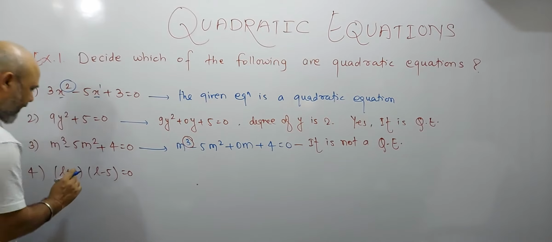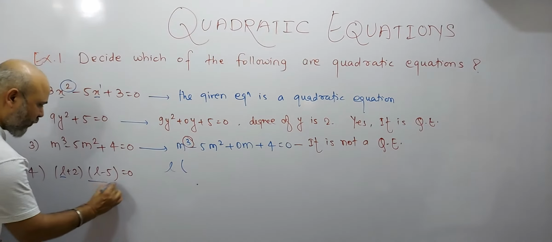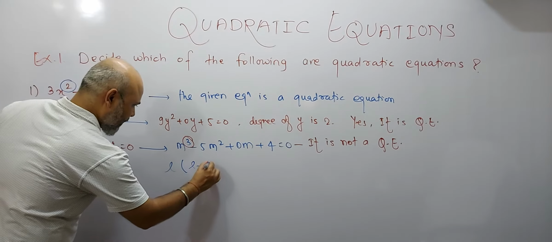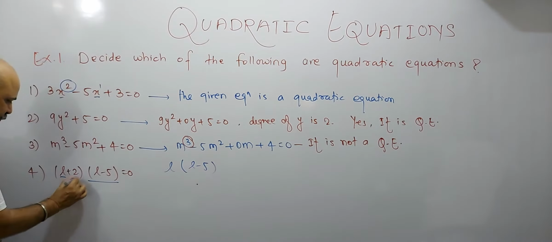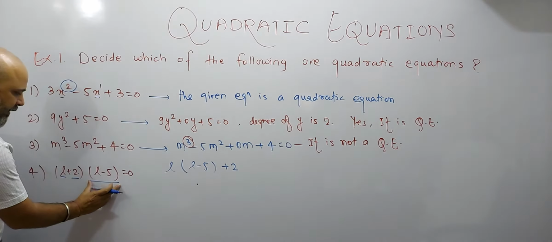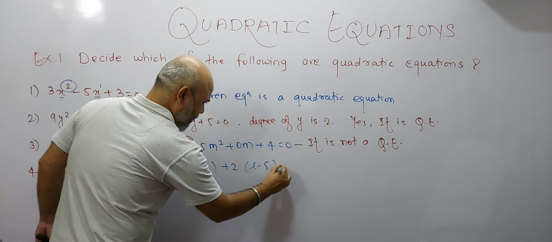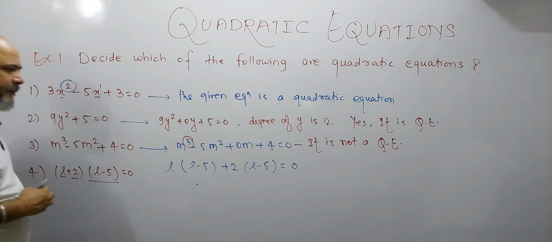You will take this l and multiply it by the whole bracket, that is l minus 5, and then you will take plus 2, and multiply it by this whole bracket, that is l minus 5, and this is equal to 0.